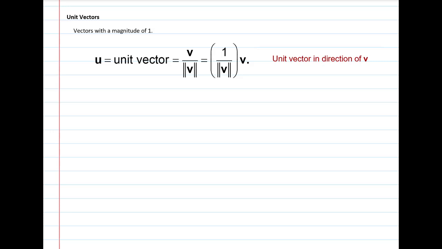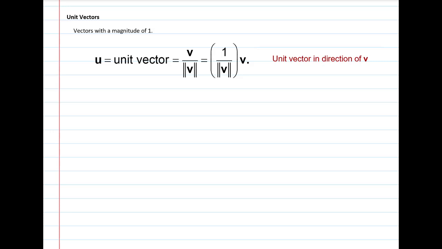So if you're given a vector v and you want to find a unit vector in the same direction of v, then all you're going to do is divide that vector by its own magnitude, as you see there. So all you're doing is really multiplying the vector v by the reciprocal of its magnitude. So 1 over the magnitude of v. Now the magnitude of any vector is just a scalar. So 1 over that is still a scalar, a real number.